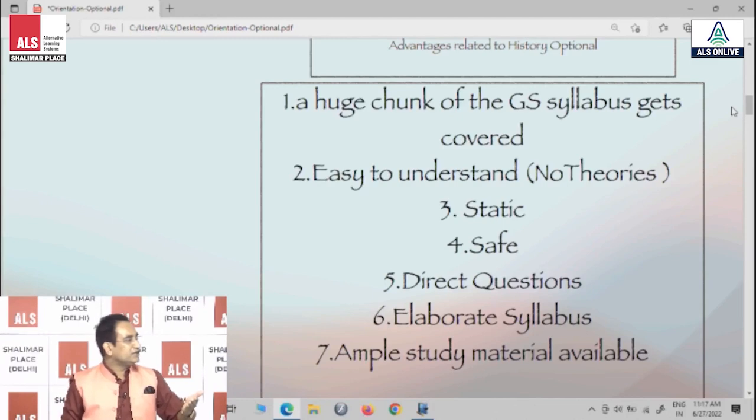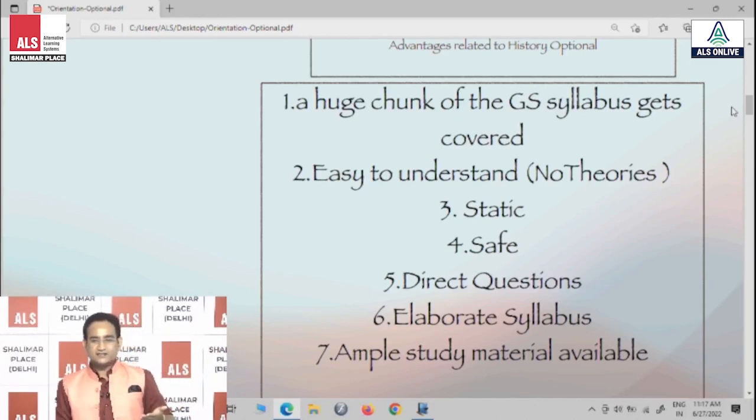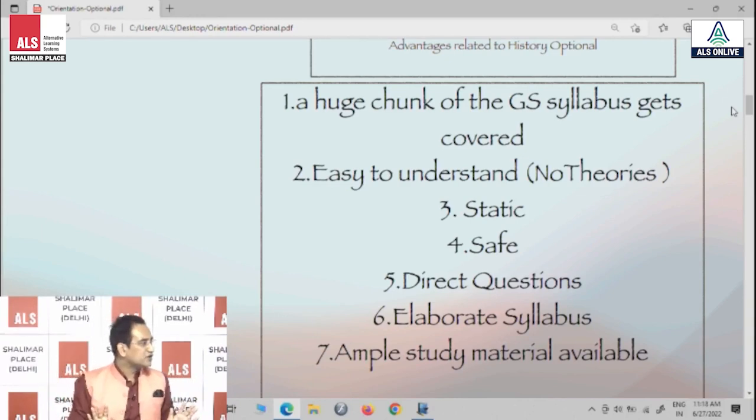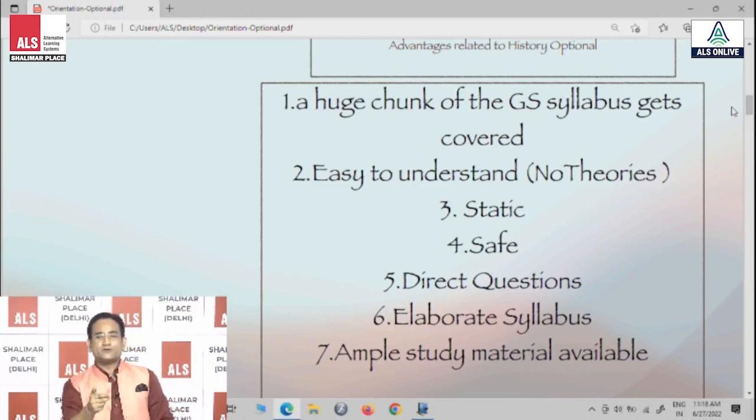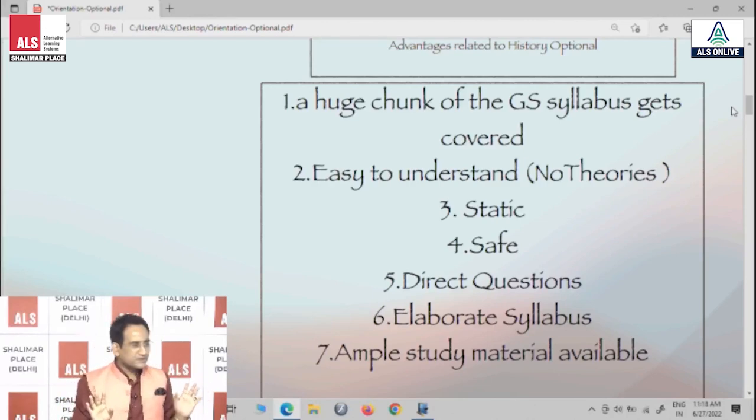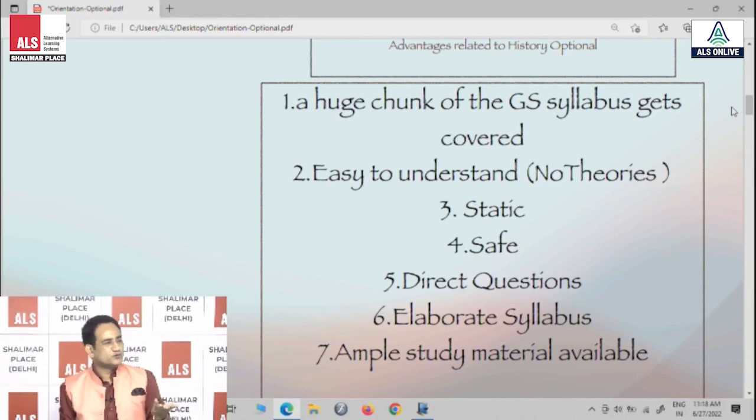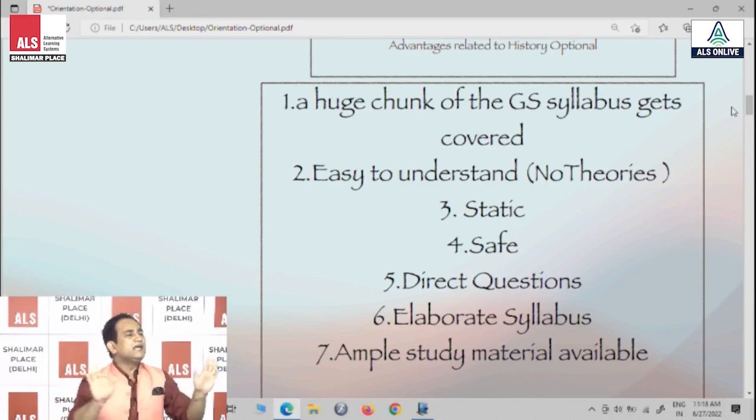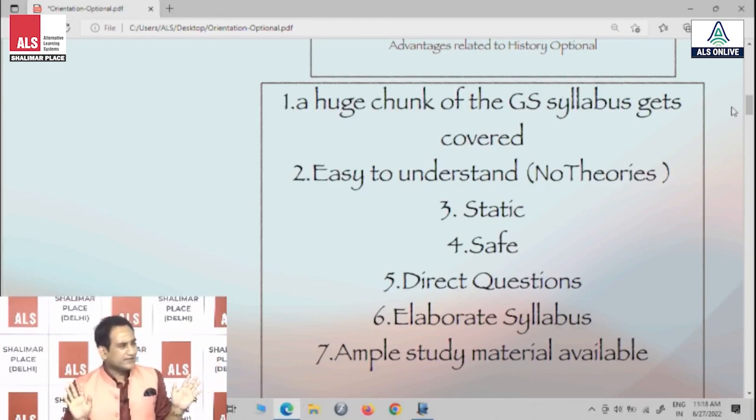In history, if you know certain things, you can just reproduce. Very simple, very easy to understand. No theories, nothing. When you have some points with you, you just have to reproduce. No perspective required. Some historians' views, popular views you have to mention, but in general you will see that it is very plain. So it is easy to understand. Fine, this is the second advantage, easy to understand.